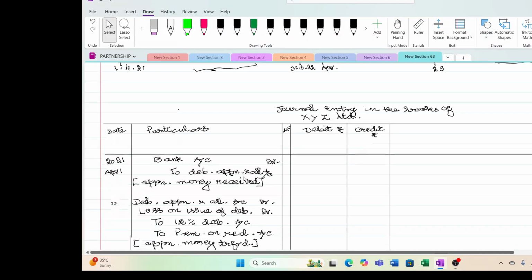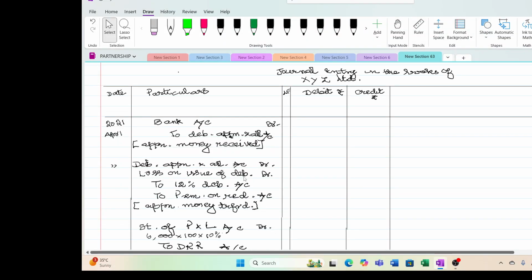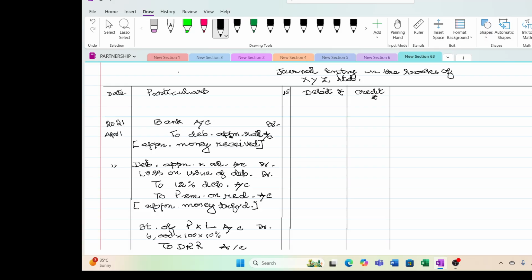For easiness, I have already written the narrations and the nomenclature. Only we are going to put the amount here. So first thing is that we are going to receive 95 rupees for 6,000 debentures. 6,000 debentures into 95 rupees.